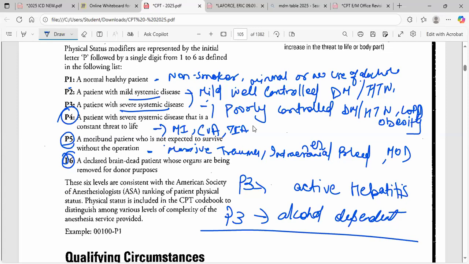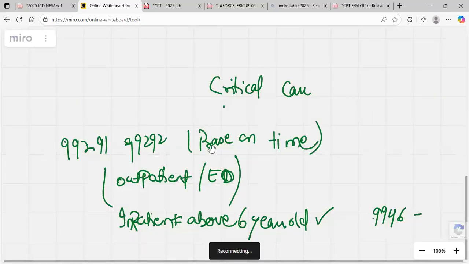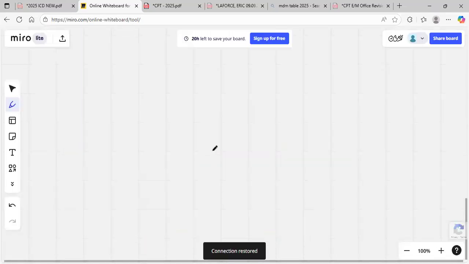Those modifiers will represent who performed the service. So we have a modifier, let me mention it here. We have a modifier AA. We have to append the modifier AA when the service is given by the anesthesiologist.